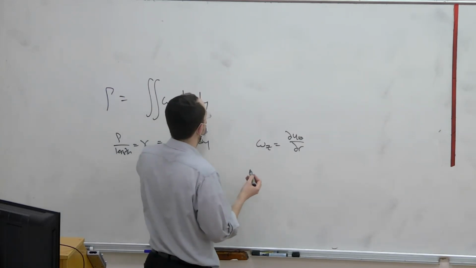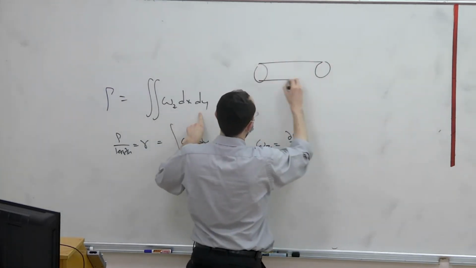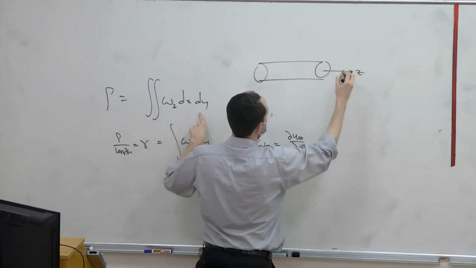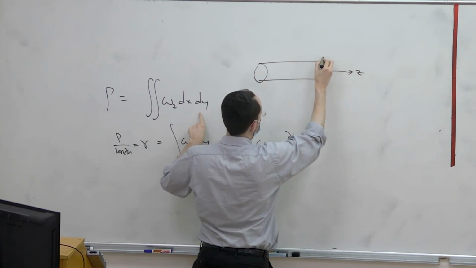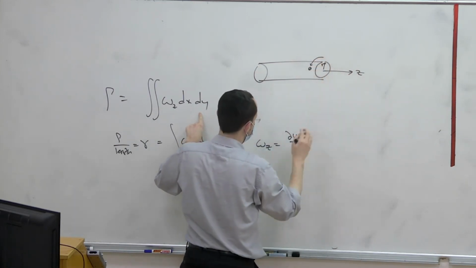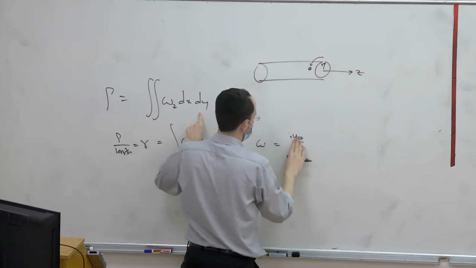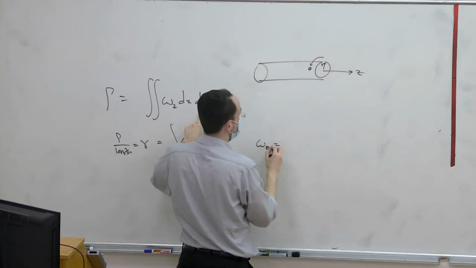I don't understand. We're talking about this vortex tube, which has a Z direction, an R direction, and this is the theta direction. In this case your vorticity is in the theta direction.